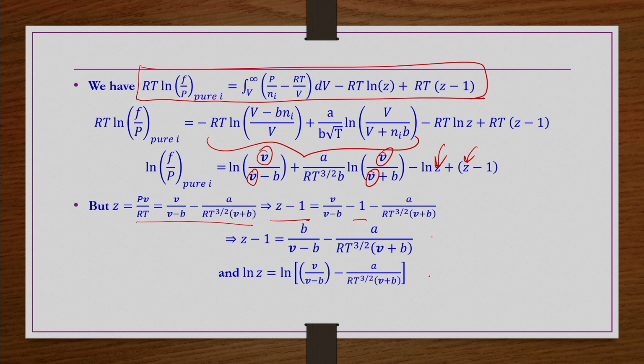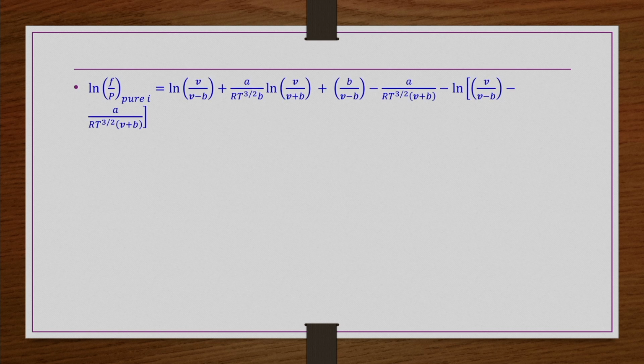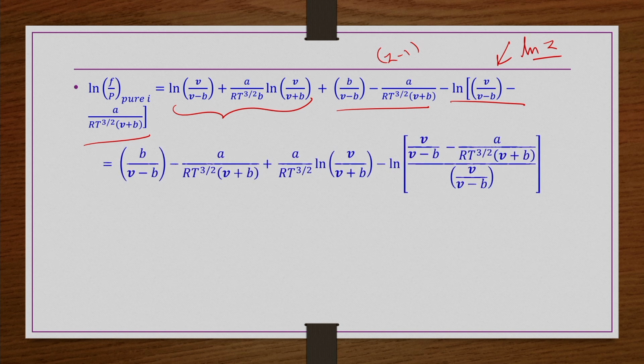So, these two terms you can substitute here for these two cases. When you do this one, you will get z minus 1 is this one, and then ln z is this part. The remaining first two terms are as they are, we are not changing them. This is the z minus 1 term, and this term is the ln of z term, right.